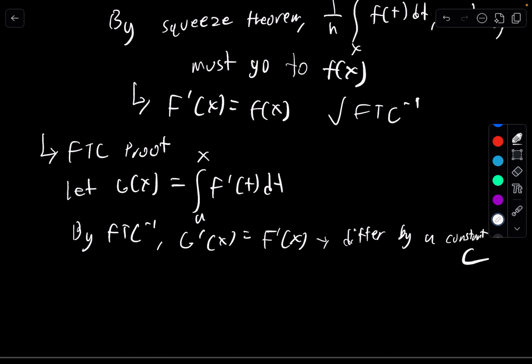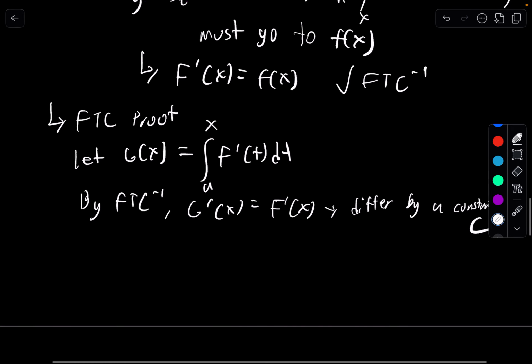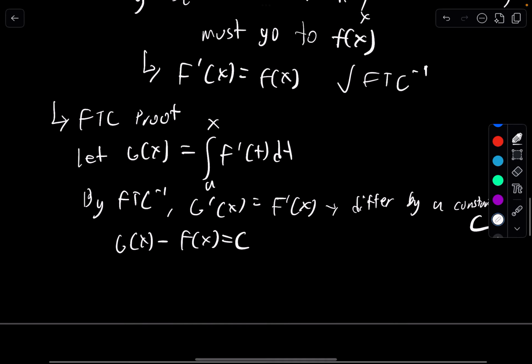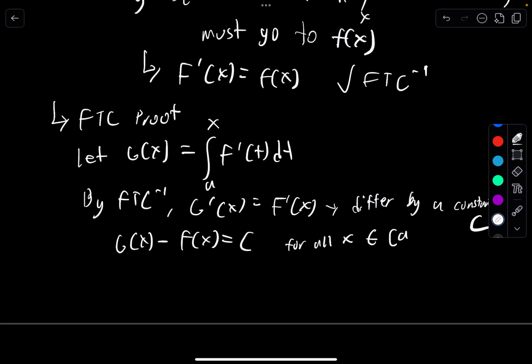Constant c. Okay? So what that's really saying is that g of x minus f of x is just some arbitrary constant for all x on the interval from a to b.